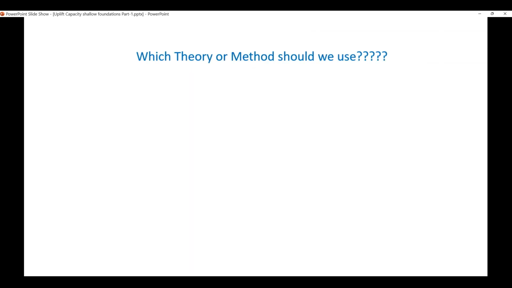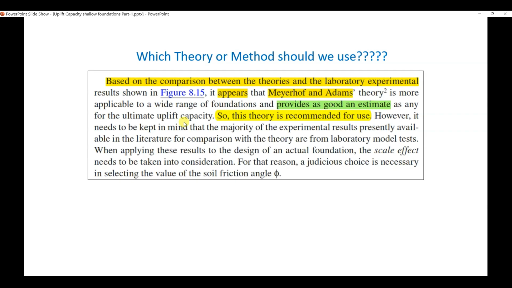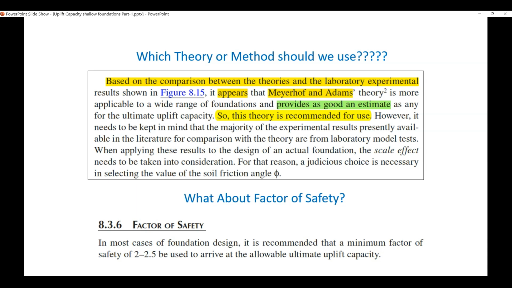You can understand that uplift capacity is a geotechnical capacity, right? And in case of the compression bearing capacity, what we do is we use a factor of safety ranging from 2 to 3, or 2 to 5, right? In case of foundation bearing capacity in compression. Then why not in tension or uplift?